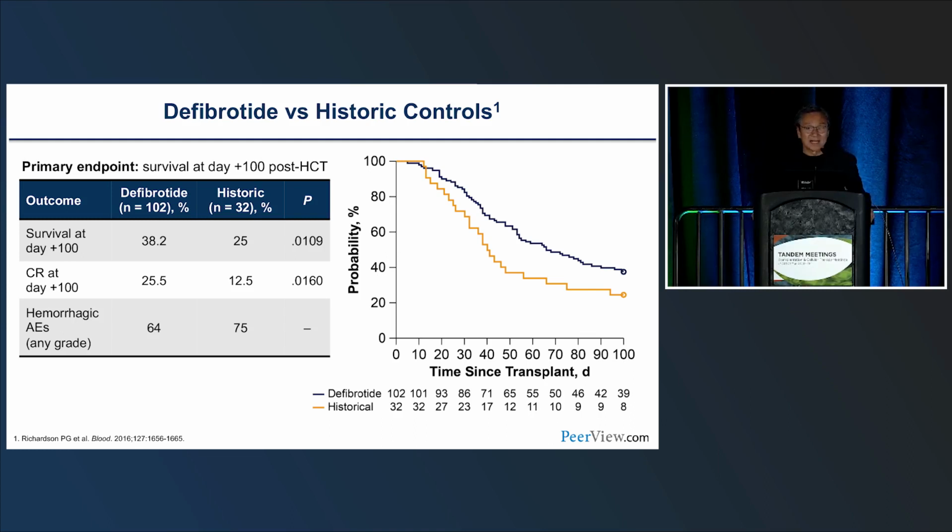Defibrotide is isolated from porcine intestinal cells, and it does have a mild anticoagulation effect. And you can see from the probability of survival that there was an advantage with the use of defibrotide.